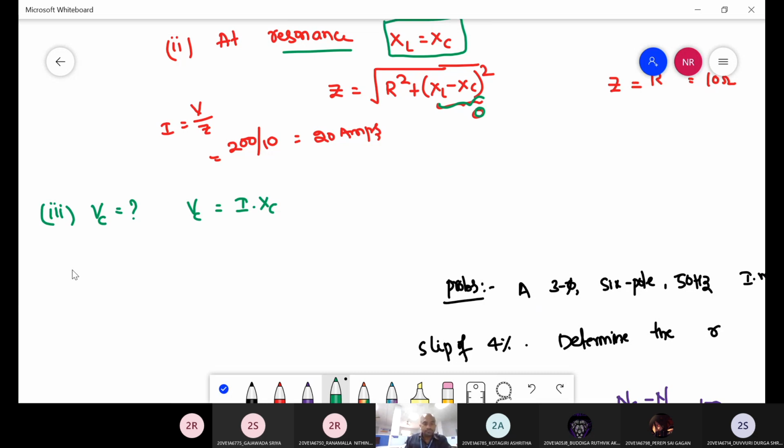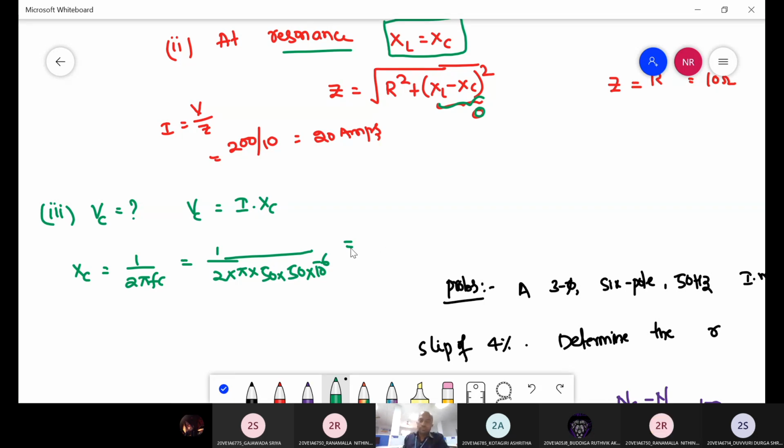What is XC? XC is 1 by 2 pi FC, that is 1 by 2 into pi into F is equal to how much, C is equal to 50 into 10 to the power minus 6. Calculate it. 66.63 ohms.